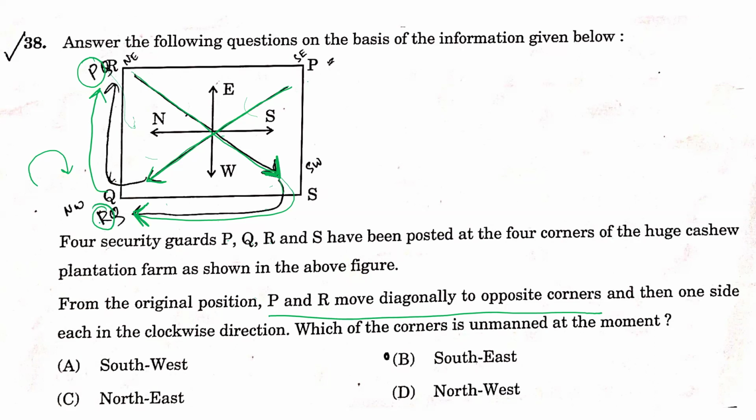Which of the corners is unmanned at the moment? Unmanned means at this point of time, which corner is not having any security guards. Okay, now here at this point, R and Q both are here. See, you can see both R and Q at this point.